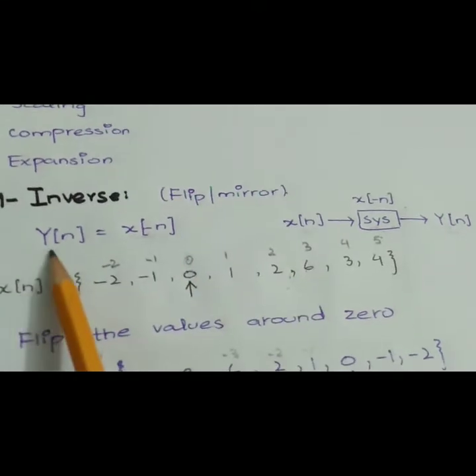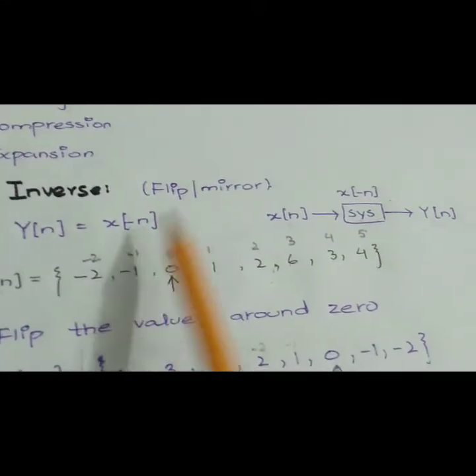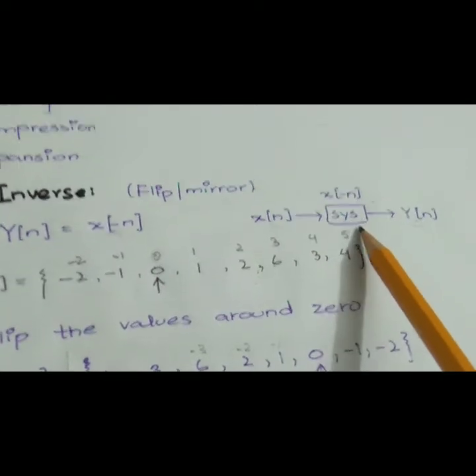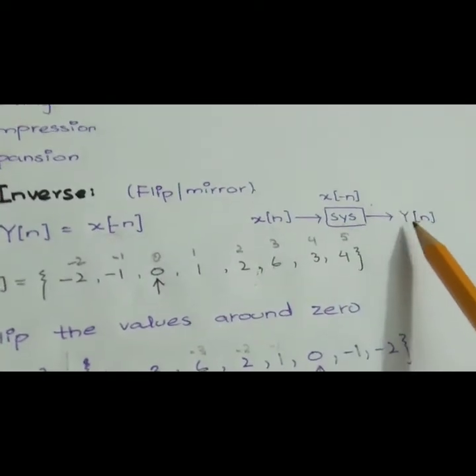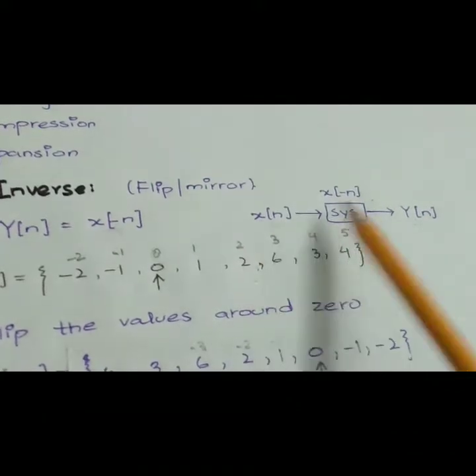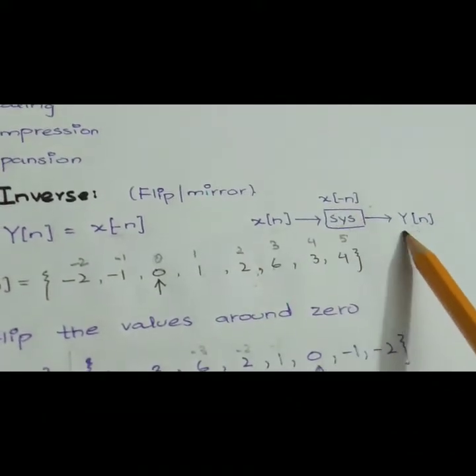If we have a system y of n equal to x of minus n, it means we have an input x of minus n that passes through a system and produces an output y of n. What type of output? It will take all the values of input and flip them and produce an output y of n.